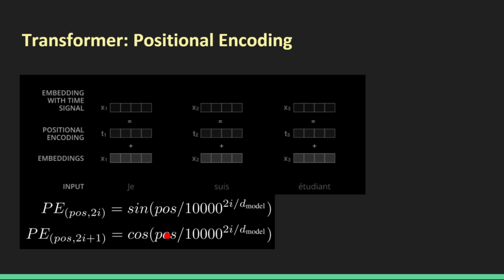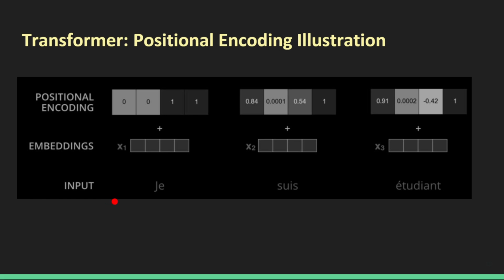This will result in wavelengths stretching from 2π to 10,000 times 2π. So this is what happens. You have your input, you get your embeddings from your embedding dictionary, and then you add your positional encodings. That is different and unique per word in the sequence.